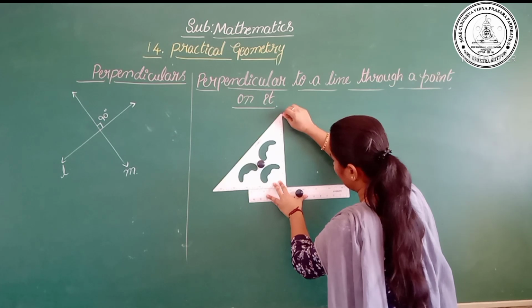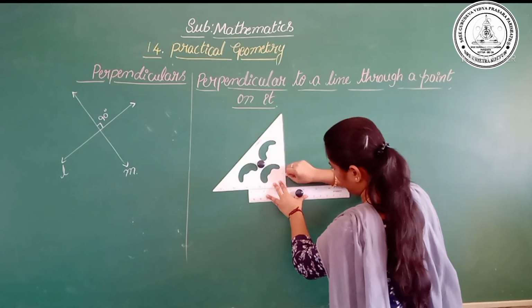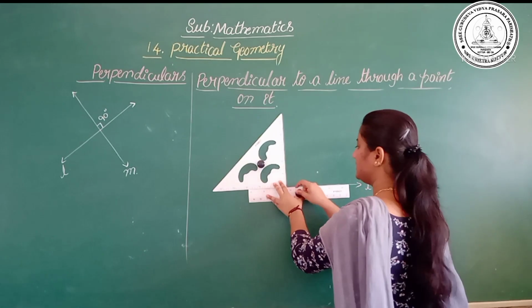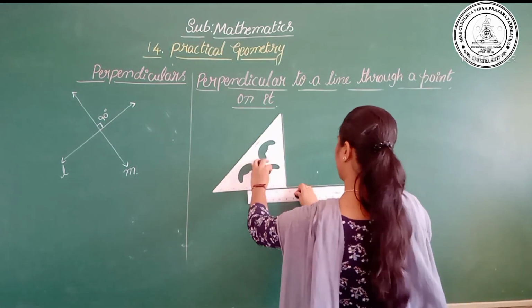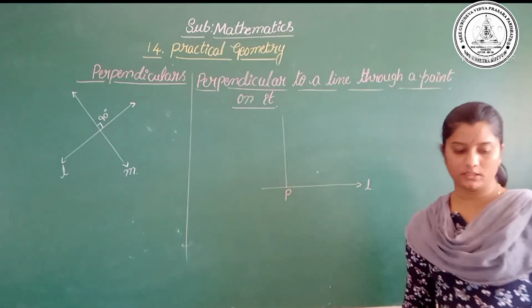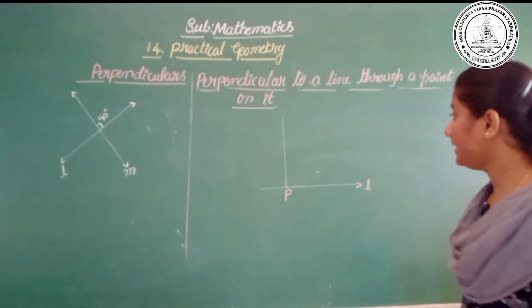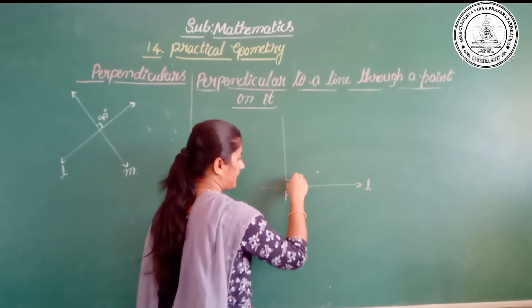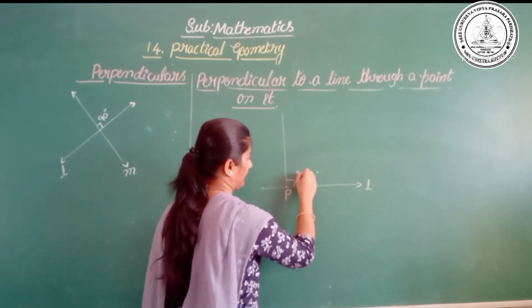Just use a pencil and draw a line and take out this. So you may get here the perpendicular line. So it is perpendicular to the line L.